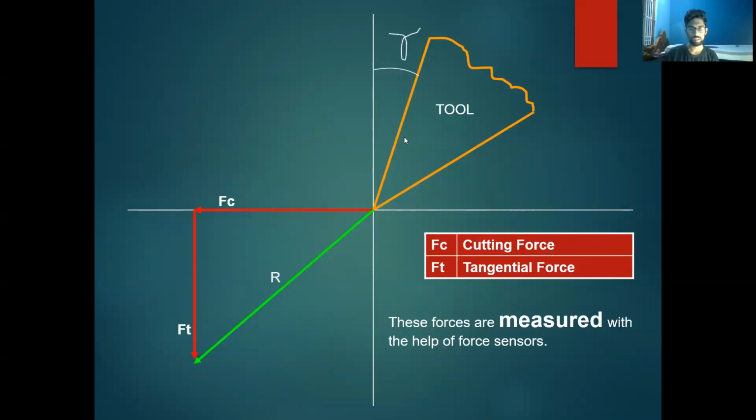The force parallel to the tool is the cutting force, and the force perpendicular to the tool is the tangential force. The green line represents the resultant, which connects the cutting force and tangential force, and it makes a closed system, like a triangle.